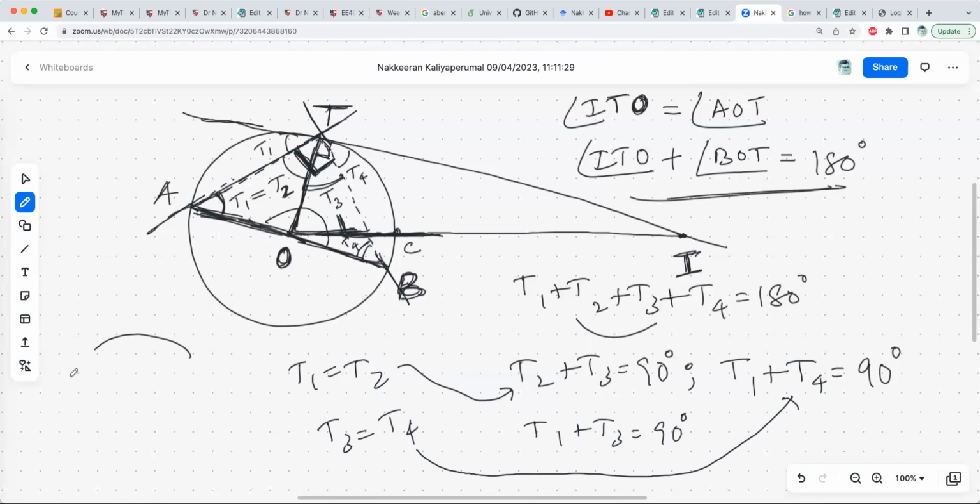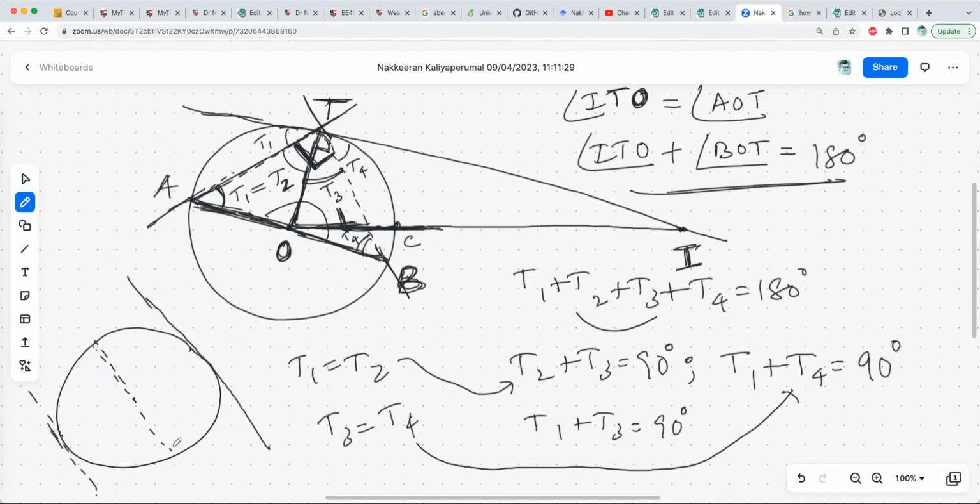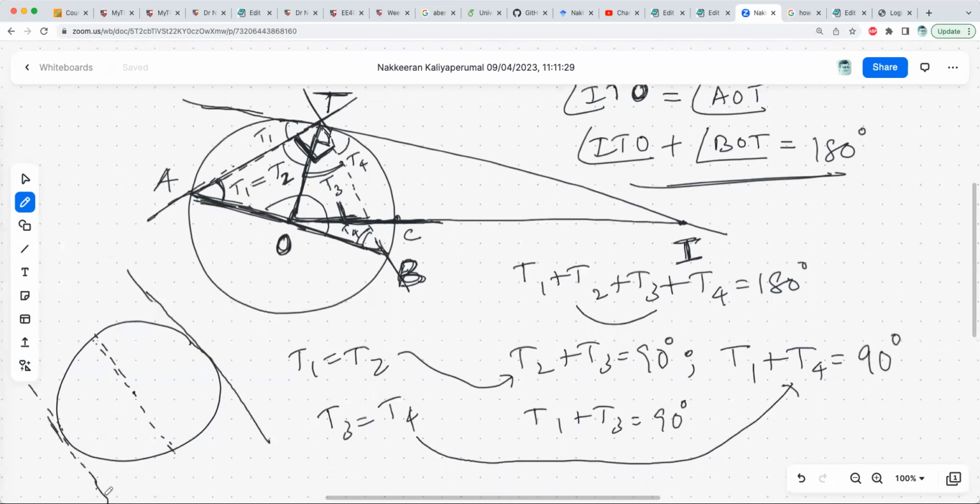As we solved it, I did this a long time ago. Let's say there is a tangent. As you said, draw a diagonal parallel to this, and draw another tangent parallel to the other, and make a square.